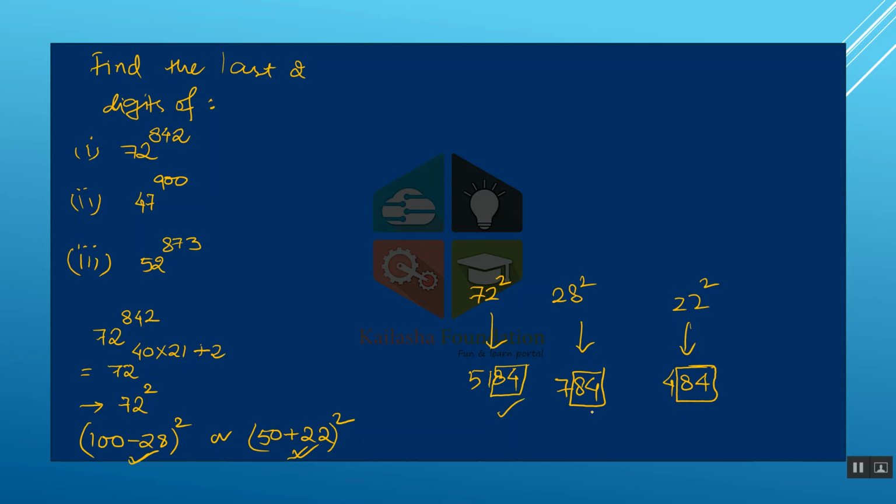So the last two digits of all these three are same. So we can use this trick if we are given an even power.